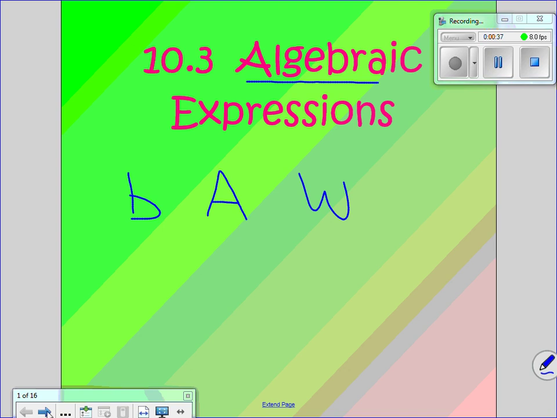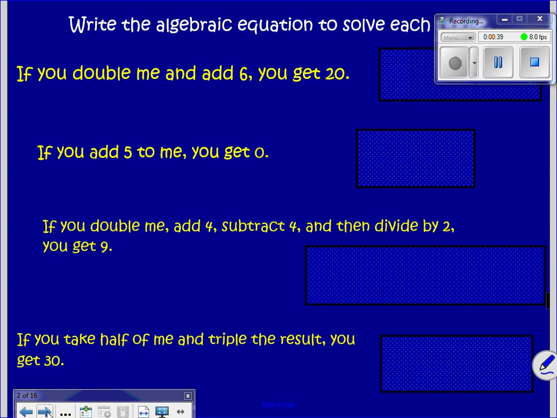Let's take a look here. Write the algebraic equation to solve each. So, for example, if you double me and add 6, you get 20. Well, who's me? Let's have me be n. If you double me, so we're going to multiply it by 2, and add 6, you get 20.